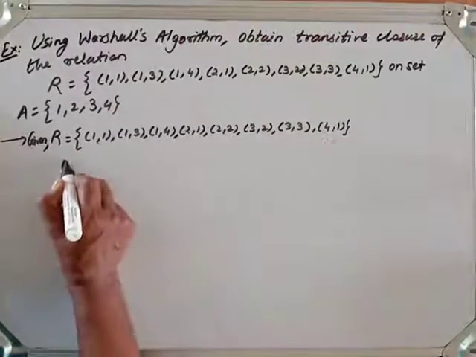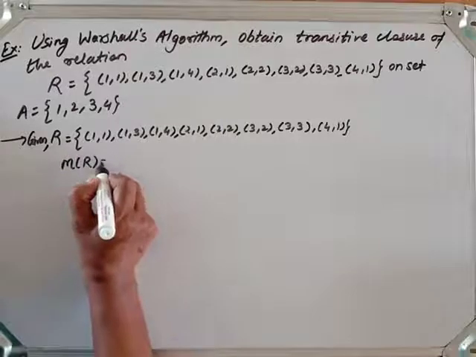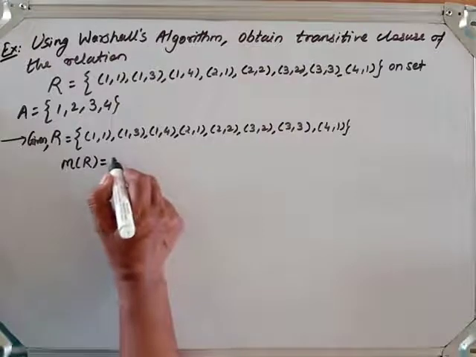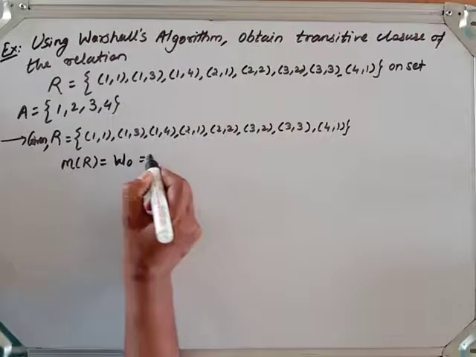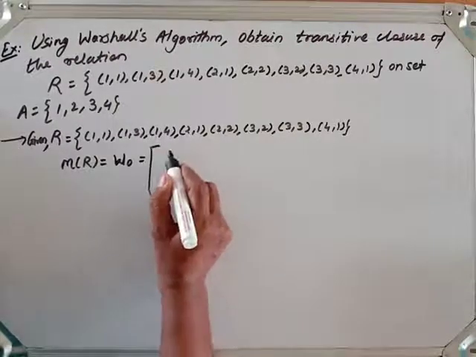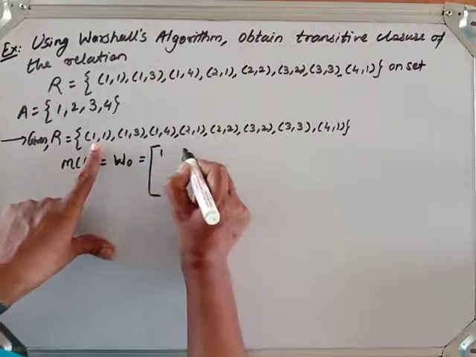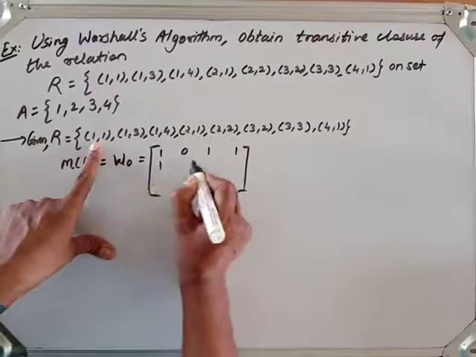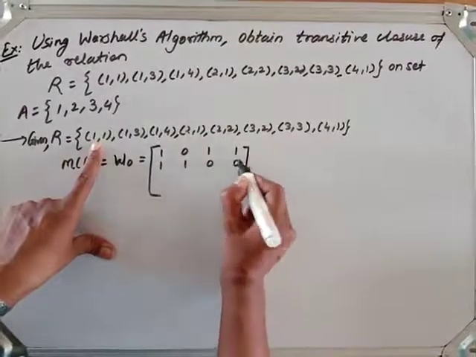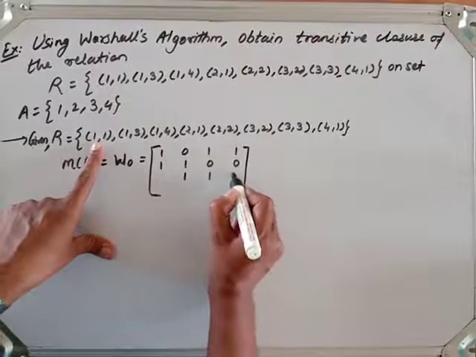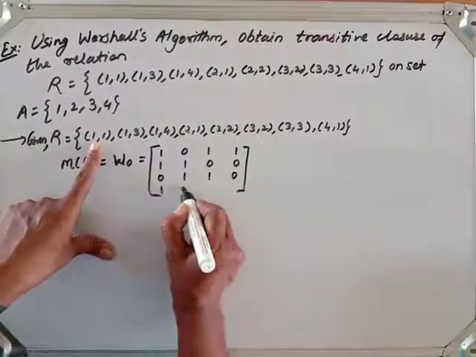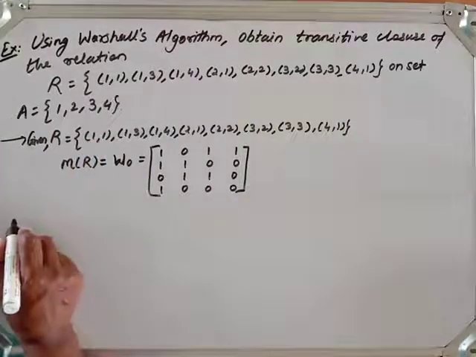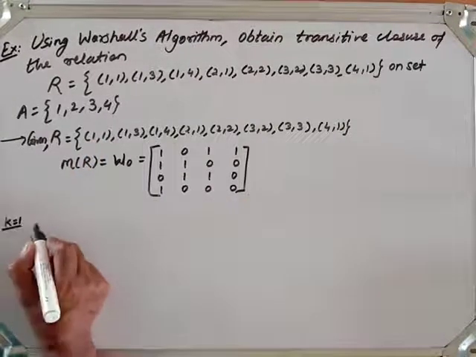Now let us write the matrix for relation R, or relation matrix of R, and we are naming it as W0. It is what? 1 1, so 1 2 is not there, 1 3 and 1 4, 2 1 2 2, otherwise 0, 3 2 3 3, otherwise 0, 4 1, otherwise 0. This is our W0.